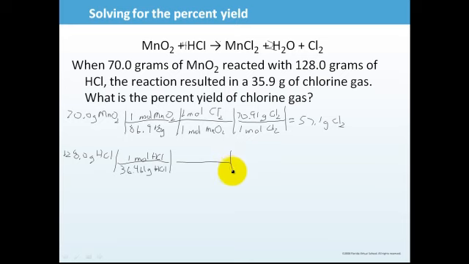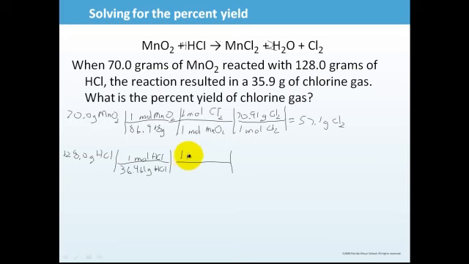Step 2 is a mole ratio. Again, we have to look at the balanced equation. We're starting with chlorine, right? The one we're looking for. There's only a 1 in front of that. In front of the HCl, though, we've got a 4. So our ratio is going to be 1 to 4.